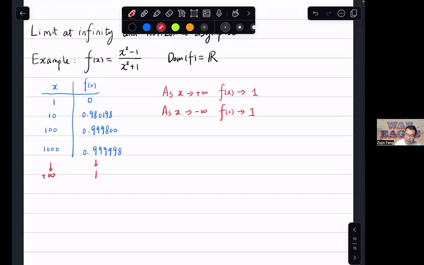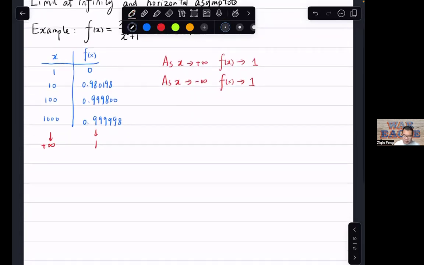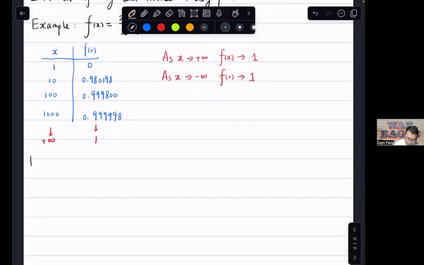This deserves an official definition. Let me write down the definition here. The definition is called the limit at infinity. There are two kinds of infinities. One is going to the right side, and the other goes to the left side: positive infinity and negative infinity.